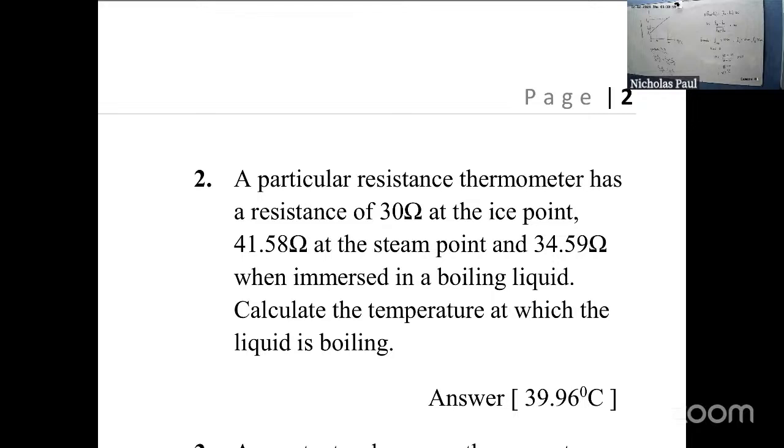How many hours is it? 15 hours. Plug it in, work it out.